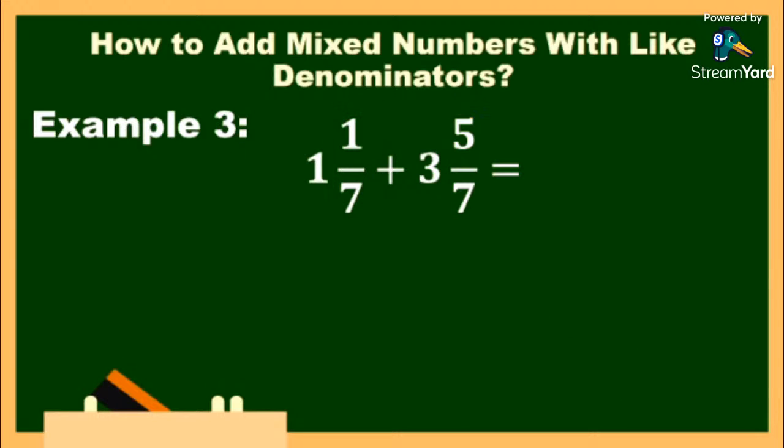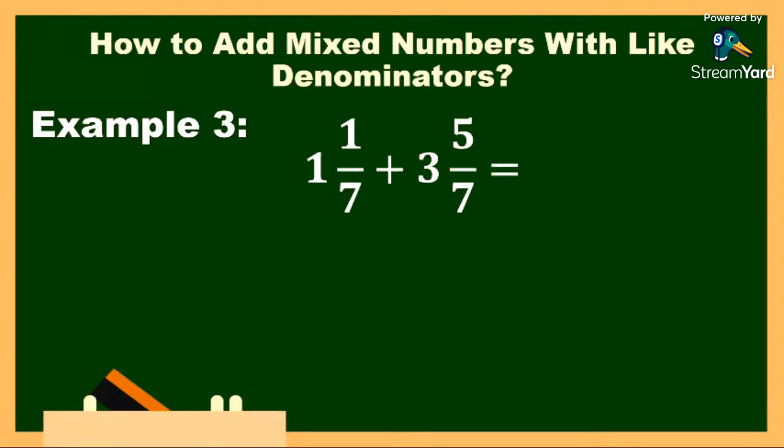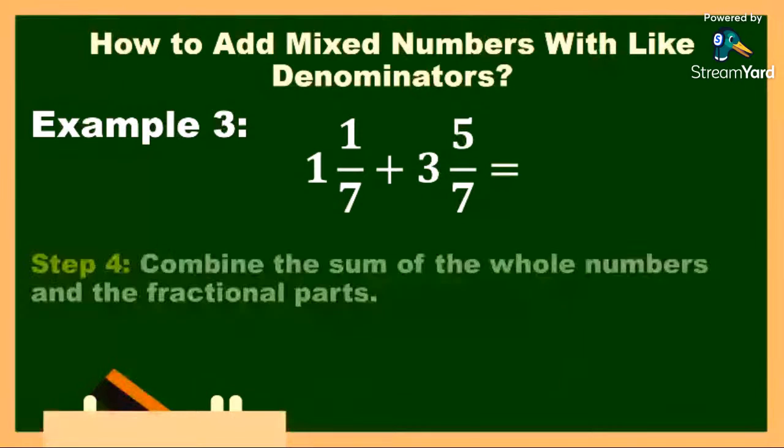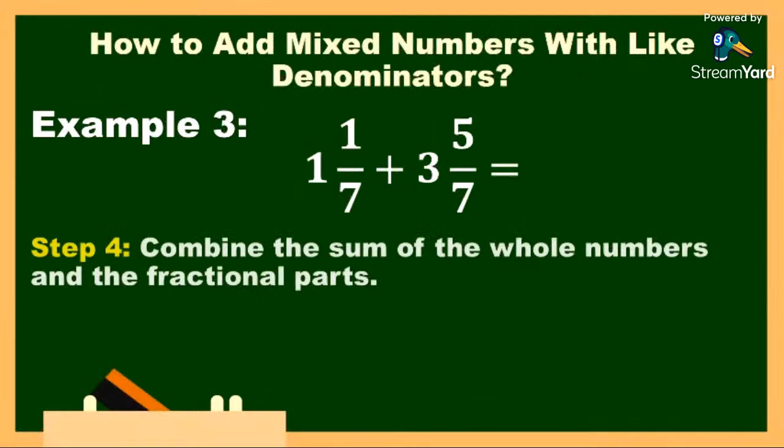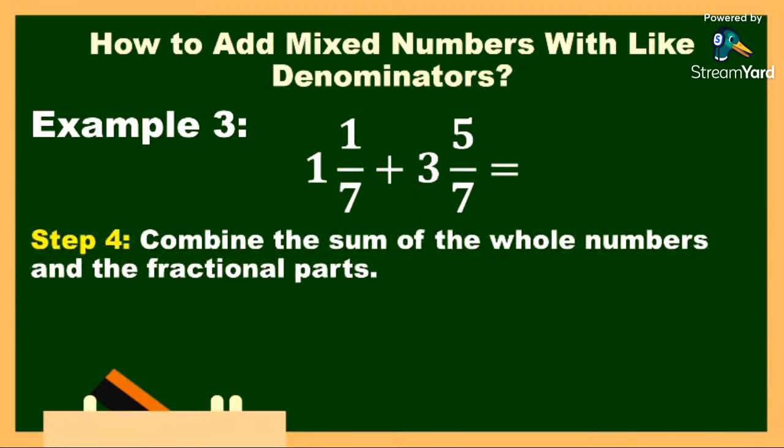At dahil ang result sa step 2 ay hindi improper fraction, we will proceed directly to step 4. So, we will combine the sum of the whole numbers and the fractional parts.